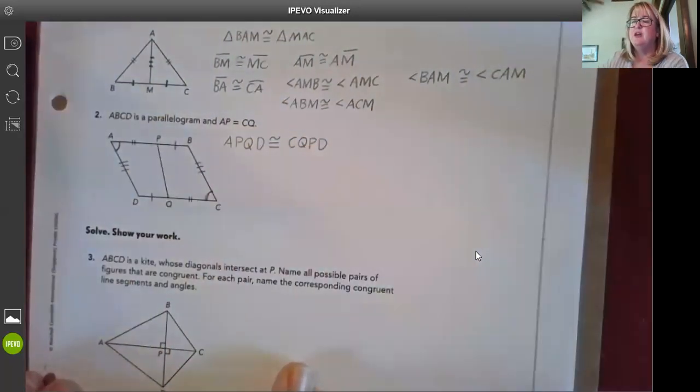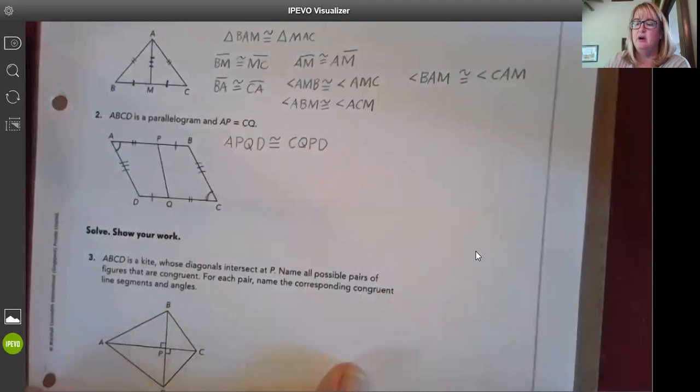All right, so there are 2 quadrilaterals, so there are 4 sides and 4 angles that are congruent. All sides and angles are congruent.